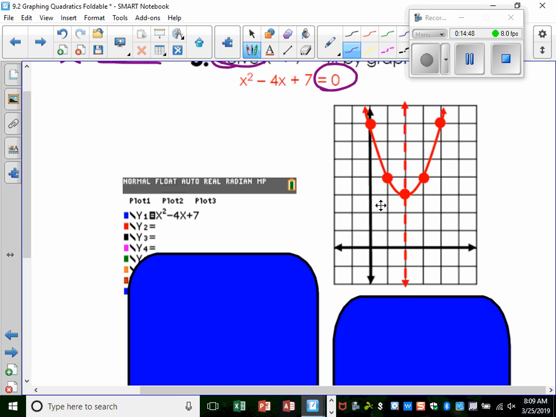Notice it's not even touching the x-axis. So if it doesn't touch the x-axis, you simply write no solution. If it had touched the x-axis, because you know the x-axis is down here, then you would have written the actual points where it was touching the x-axis. If it doesn't, you simply write no solution.